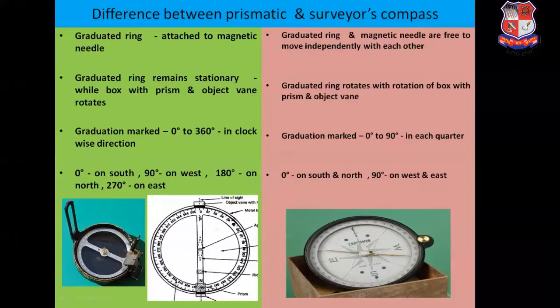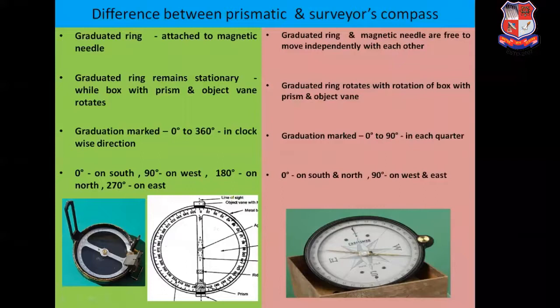Prismatic compass, graduations are marked from 0 degree to 360 degree in the clockwise direction. In case of the Surveyor compass, graduations are marked 0 degree to 90 degree in each quarter. Prismatic compass, 0 degree is located on south, 90 degree on west, 180 degree on north and 270 degree on east.